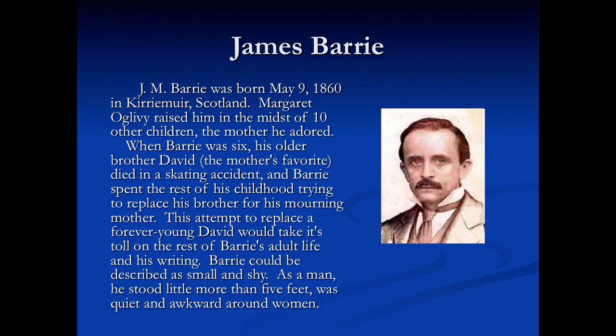But when he was 6 years old, his older brother David, who he kind of hints was his mother's favorite, tragically died in a skating accident, and Barrie spent the rest of his childhood trying to replace his brother for his mourning mother. It's very sad, and we're going to see this in Finding Neverland in the movie, if you haven't seen it before. This attempt to replace a forever young David would take its toll on the rest of Barrie's adult life and his writing.